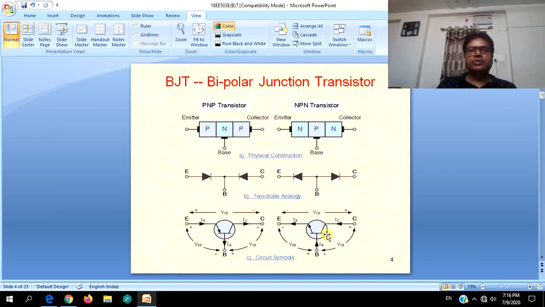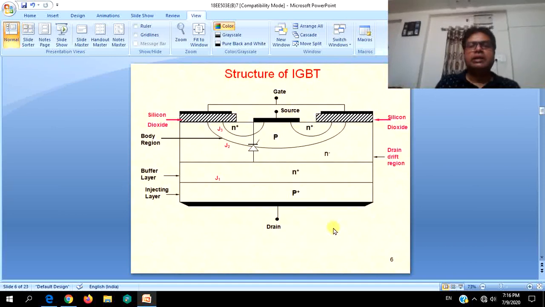When it comes to the construction of IGBT, IGBTs are of two types, N channel IGBT and P channel IGBT. As you already know, we have N channel MOSFET and P channel MOSFET. If you use the N channel type of construction of MOSFET and combine it with PNP BJT, it becomes N channel IGBT.